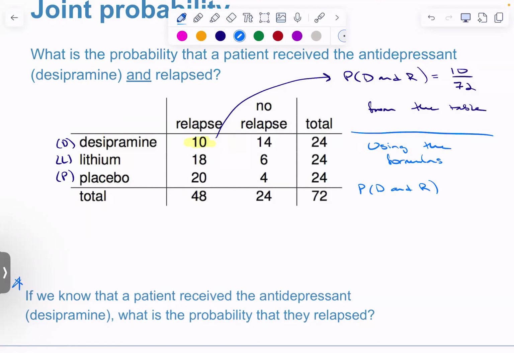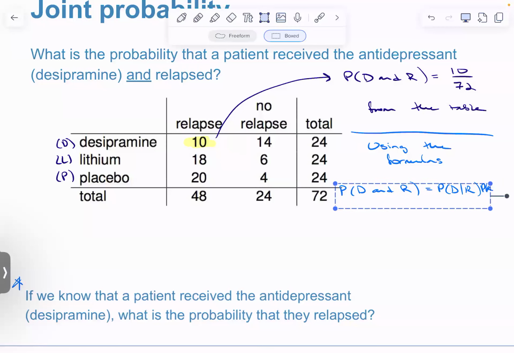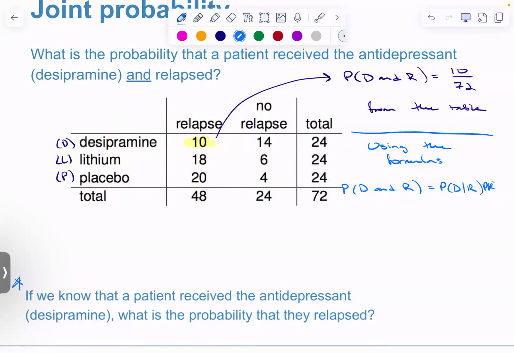From your formulas, if you have the probability of D and R, then that's going to be the probability of D given R times the probability of R. We know the probability of R, we just found it was 0.667.